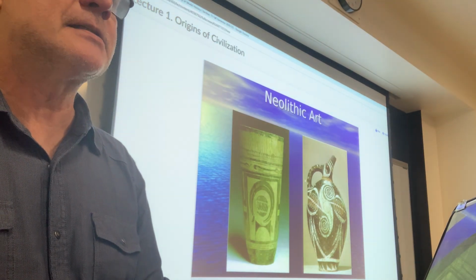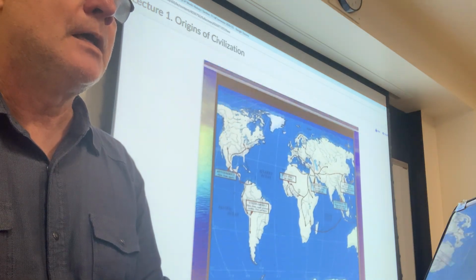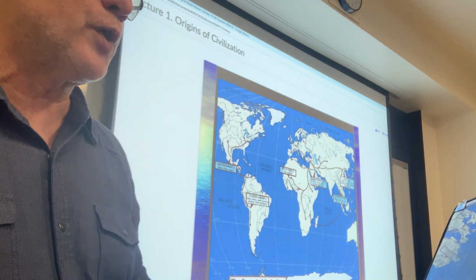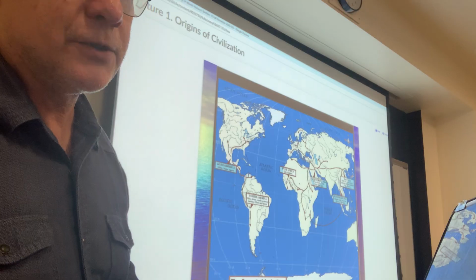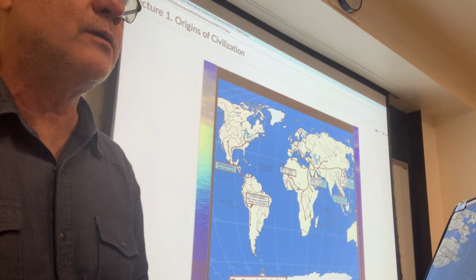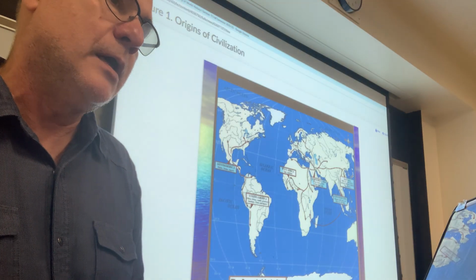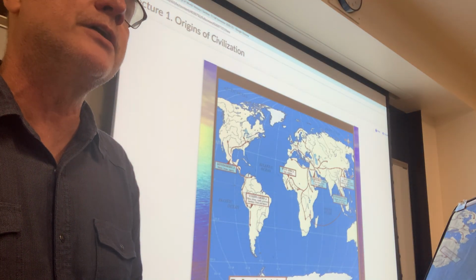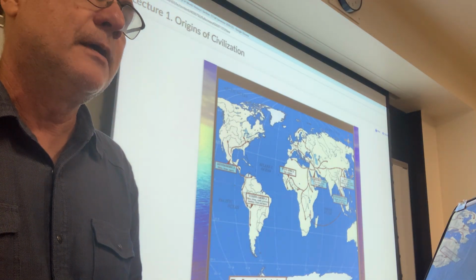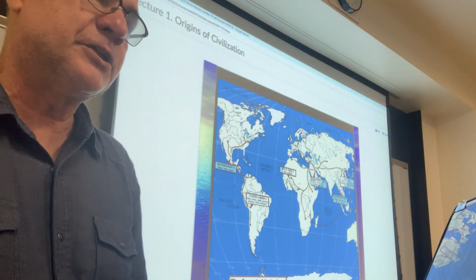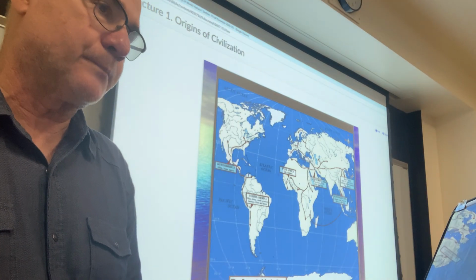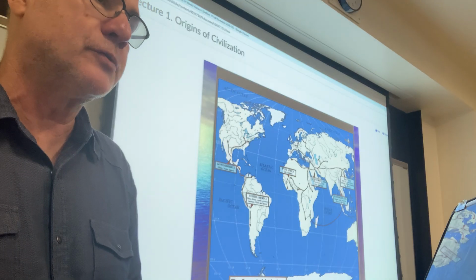That's a Chinese thing. So that way of life would spread, and that map shows how the Neolithic way of life would spread throughout the world. It started in the Near East, in Egypt, in China, in Harappa, and would spread in all those regions.